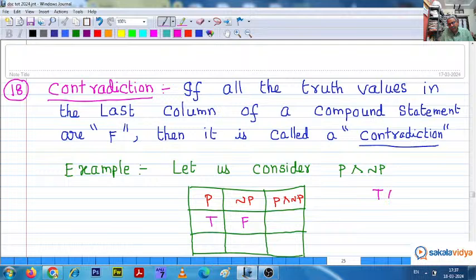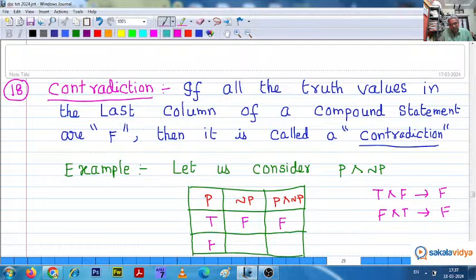See, true and false, in the case of conjunction, if both are true only you will be getting true. So true and false means you get false only. Next, false and true means you will be getting false only.